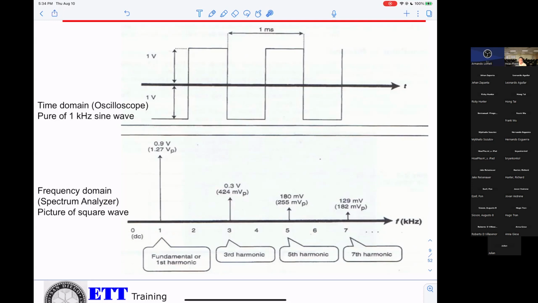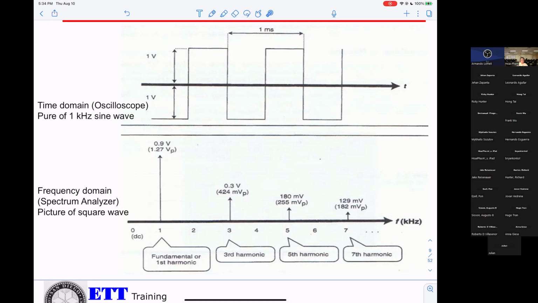What is the amplitude of this signal? 3 kilohertz, 5 kilohertz, 7 kilohertz, and so on. Okay, so now basically you can see the difference between the oscilloscope and the spectrum analyzer.